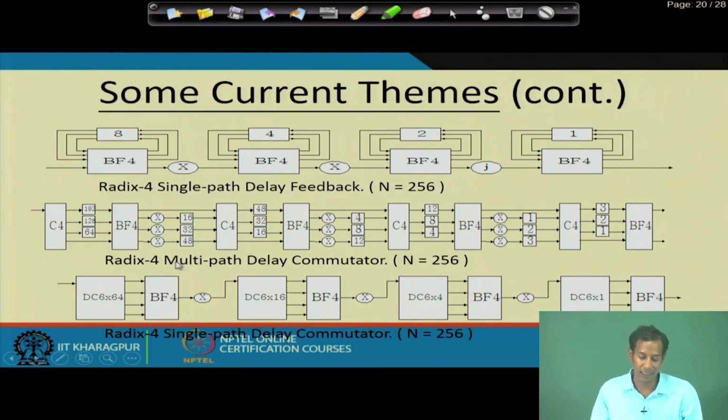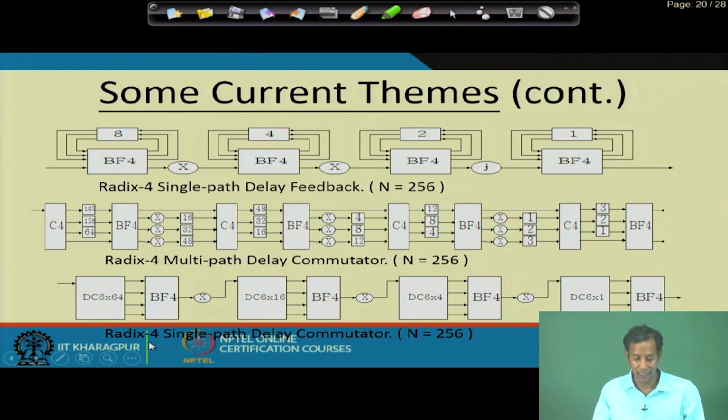Then the same thing, the radix 4 multipath delay commutator for the 256 point FFT. It has to consider this coefficient 4, then the butterfly unit 4, and then you multiply it with 16, 32 and 42. This is the structure for the radix 4 multipath delay commutator for 256 point FFT.